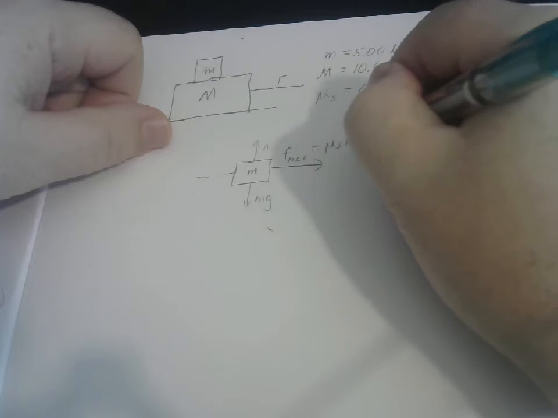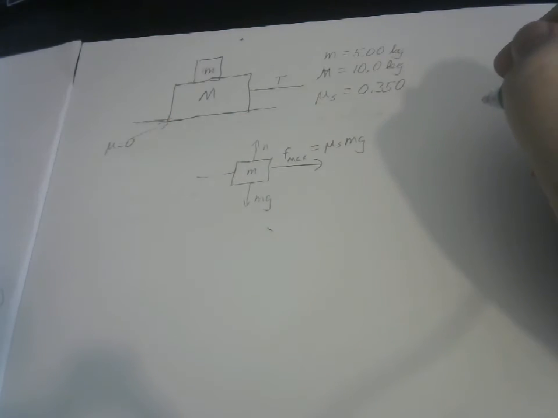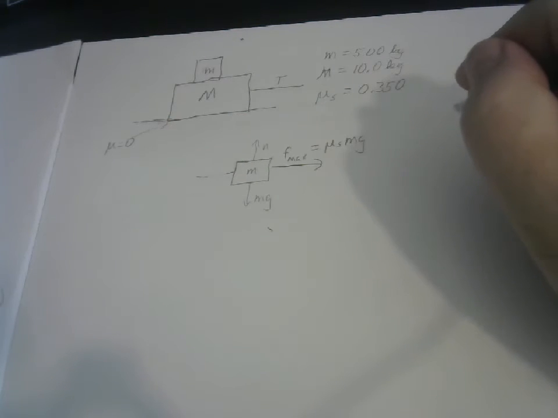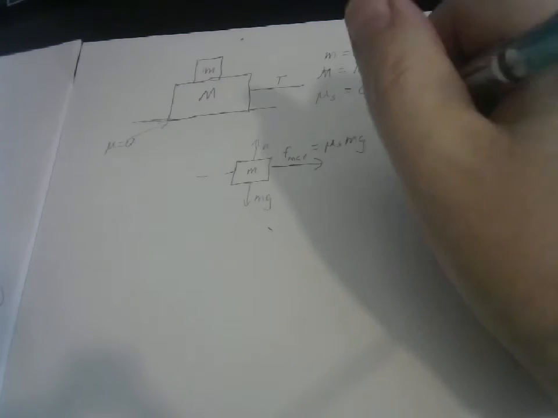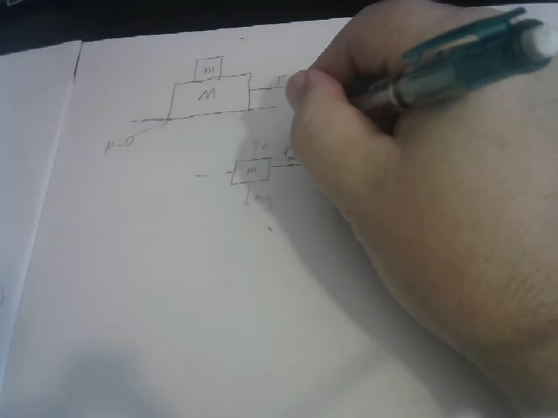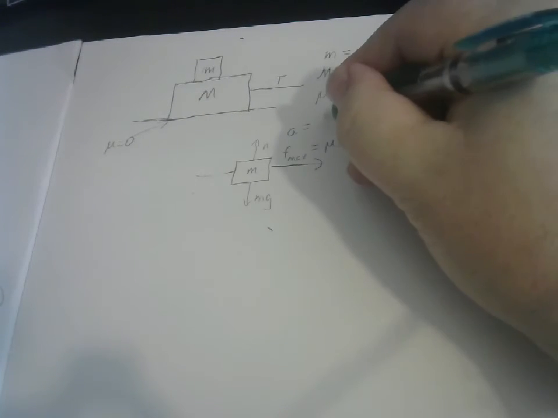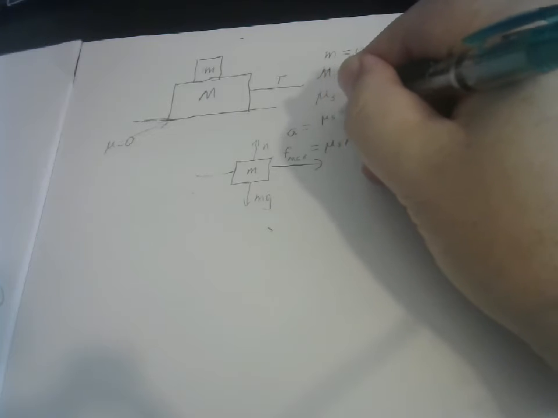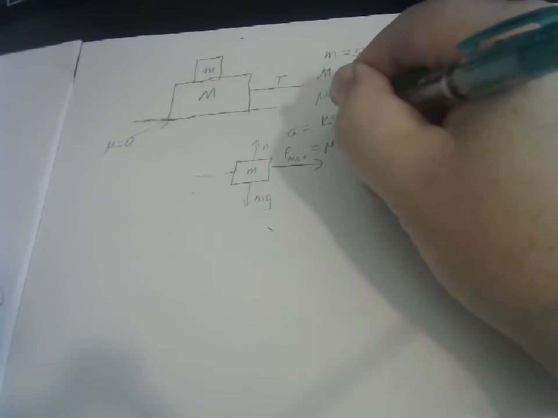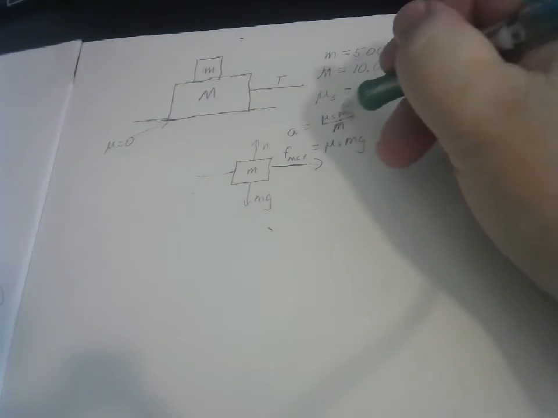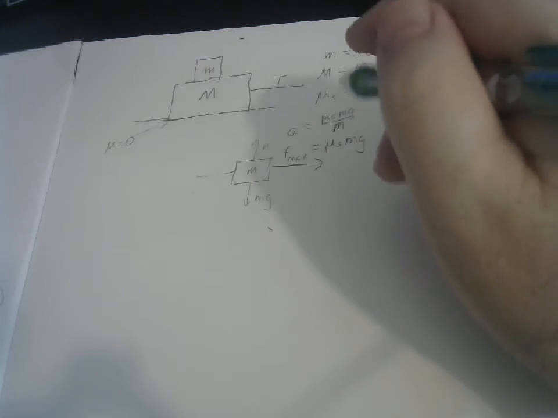In this case, the normal force is mg. And we will have the acceleration for this be mu sub s mg over m, which is the sum of the forces divided by the mass.